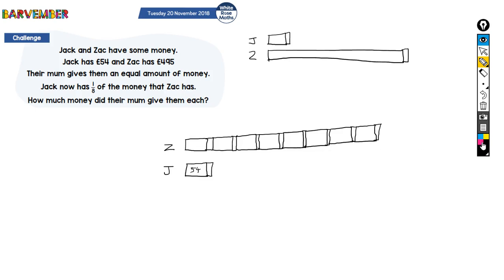Okay, now that is showing this bit here: that at the end Jack has 1/8 of the money that Zach has.